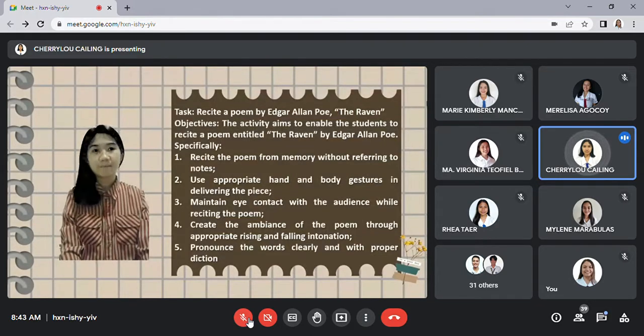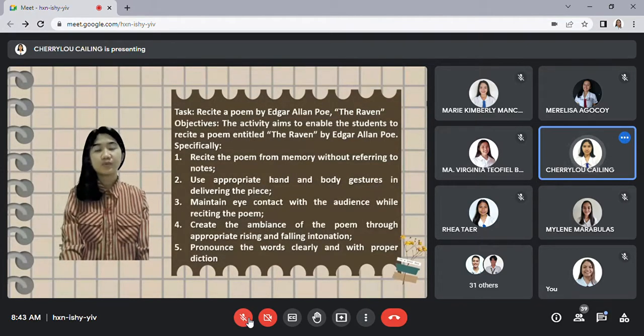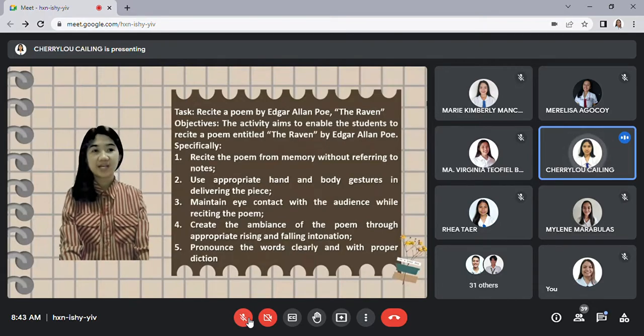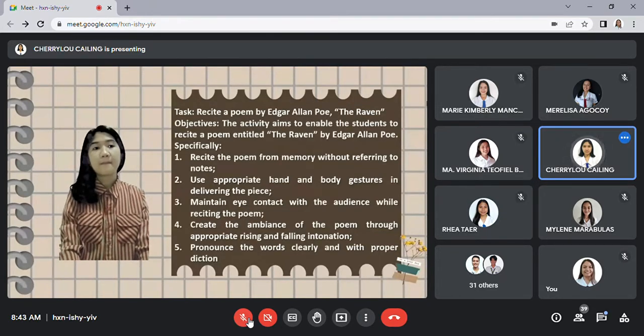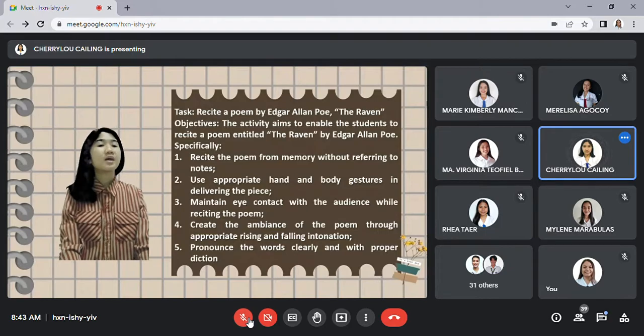So, for example, the task is to recite a poem by Edgar Allan Poe, which is entitled The Raven. For the objectives, the activity aims to enable the students to recite a poem entitled The Raven by Edgar Allan Poe. Specifically, the process of reciting the poem must be: first, recite the poem from memory without referring to notes.